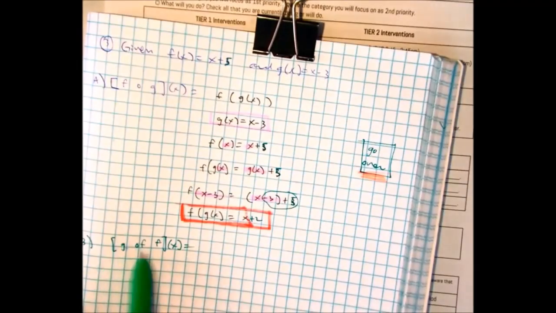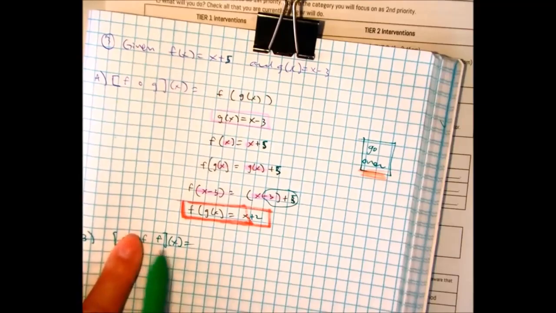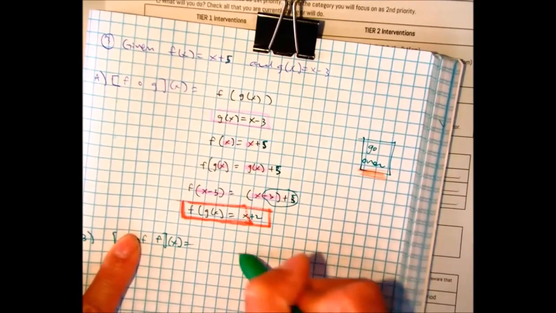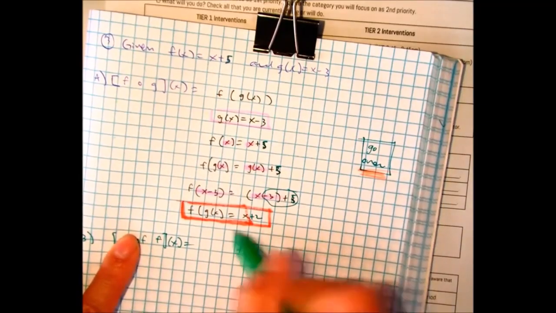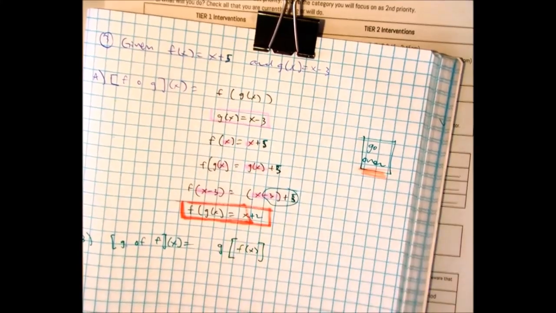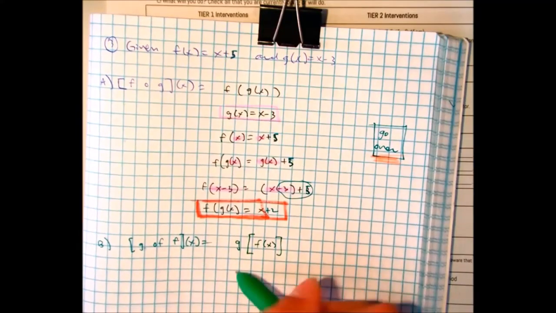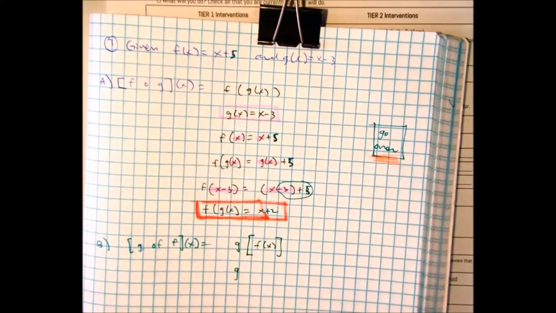This one says g of f of x. Yesterday we learned that the closest one is on the inside. So f of x is inside. G of x is on the outside. Yesterday we basically learned that this is like a double substitution. How many substitutions, class? It's a double, so pick your favorite color.